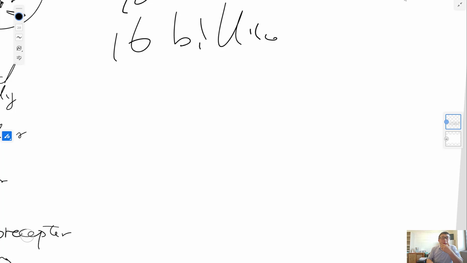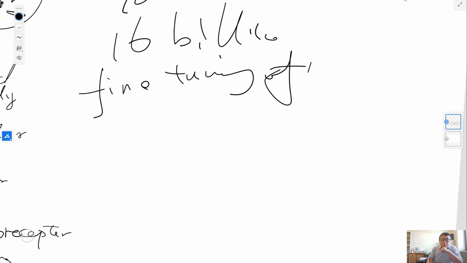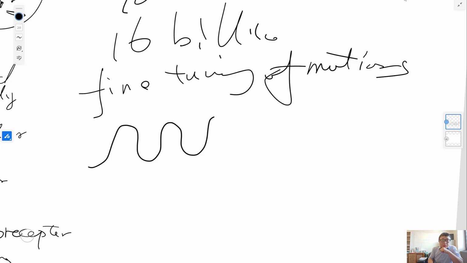what's the function of the cerebellum? The function of the cerebellum is unclear so far. The very solid information about the cerebellum is that it's fine tuning of the motions. So without the cerebellum, see, I can draw some smooth line here, but without the cerebellum, the line looks like this, less smooth.